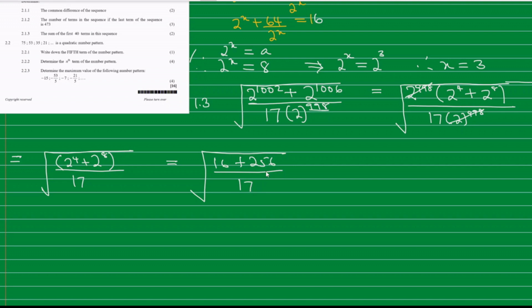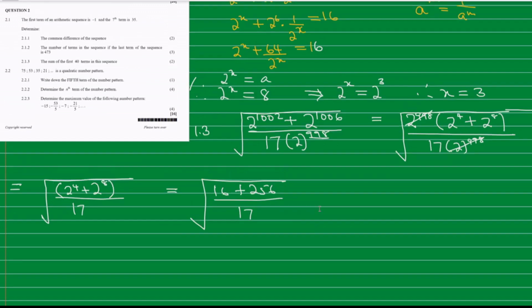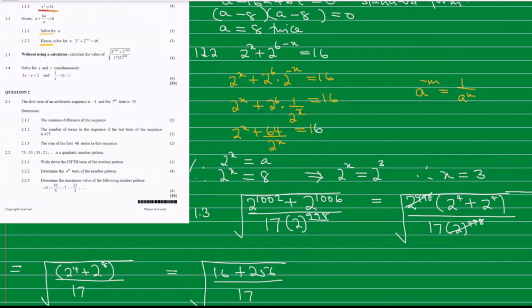Although they say that you should not use calculators, at this stage you can enter your values in your calculator, because this is just adding here 16 plus 256 over that one. So this is going to give us a root of 256 plus 16, and that is 272. So we're going to have 272 over 17.